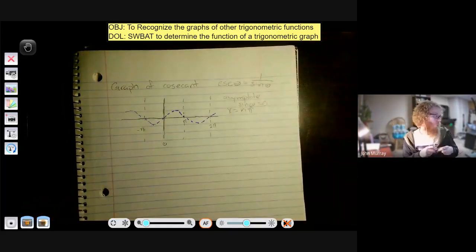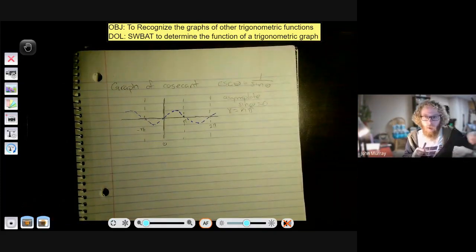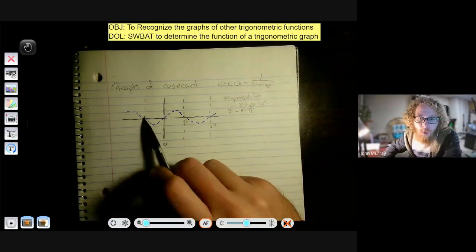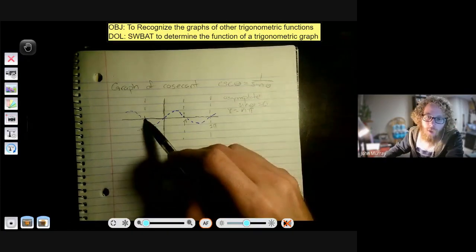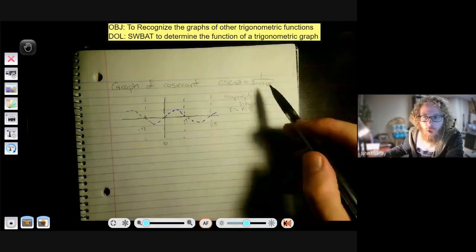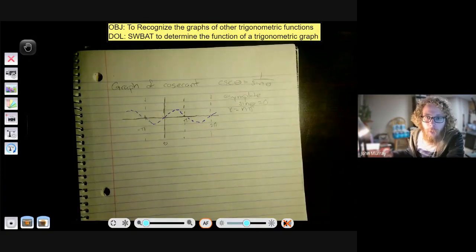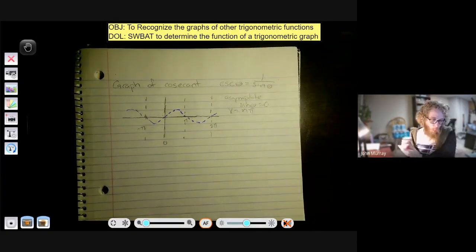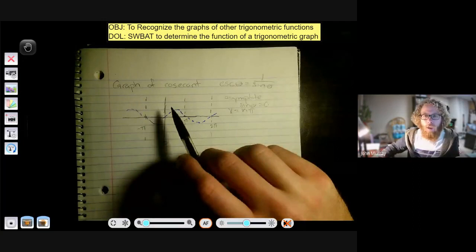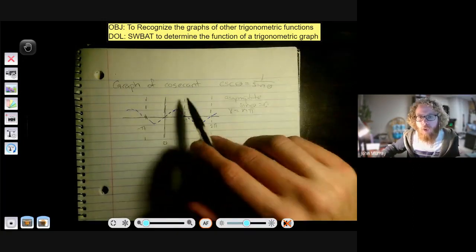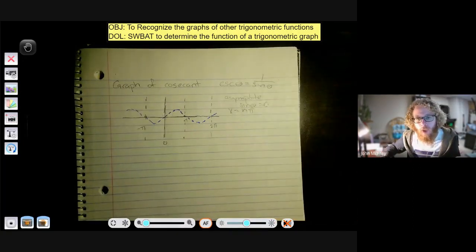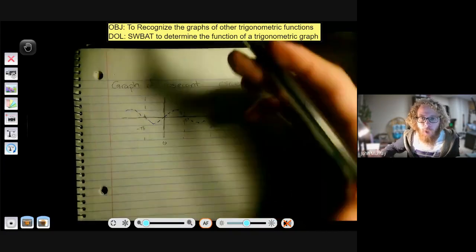Okay, so the blue dotted line is our sine function. We can see where the sine function crosses the x-axis, that's where our asymptotes are. Now, the way the graph behaves in between is an alternating parabola.